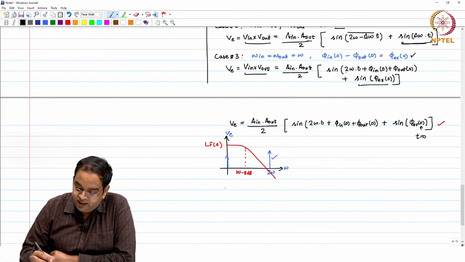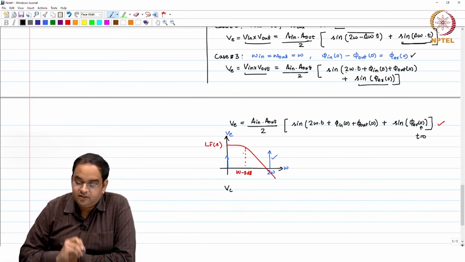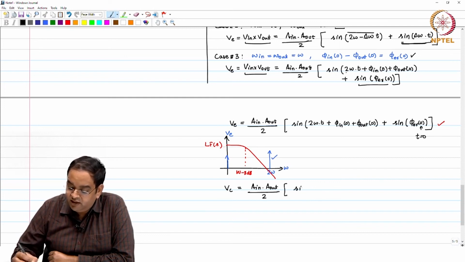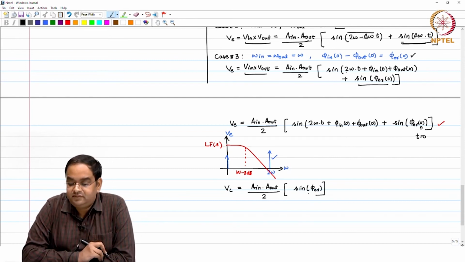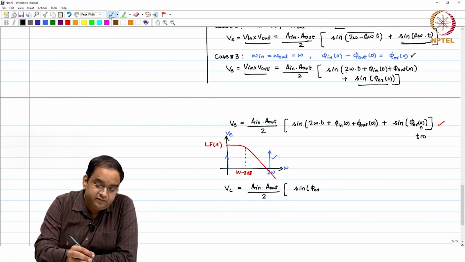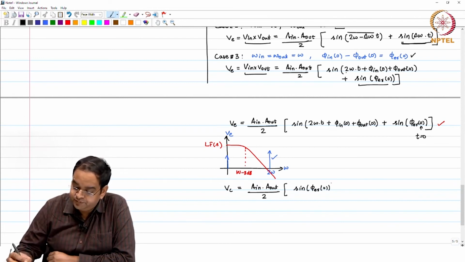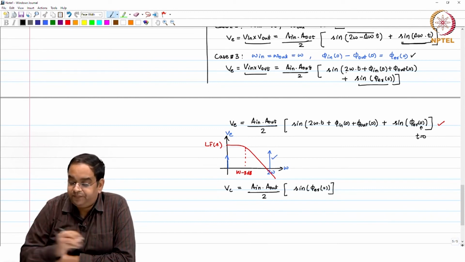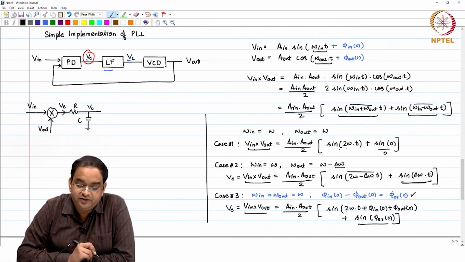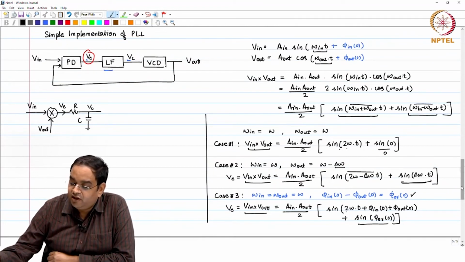So, if I filter the 2 omega component, my V control is going to be equal to A in A out by 2 times sine of phase error 0. Now, this is our control voltage and this control voltage is going to change the frequency of the oscillator.